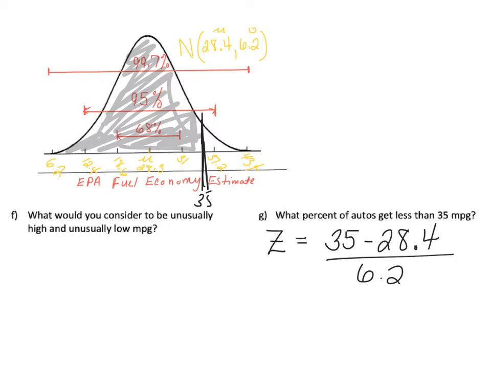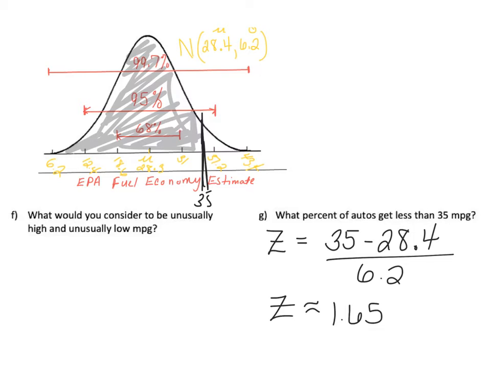So I do 35, the value, minus the mean, 28.4, divided by the standard deviation, and I always round my z-scores to 2 decimal places. I get a z-score of 1.65 above the mean, which looks about right in my picture. I estimated a little more than 1.5 standard deviations.